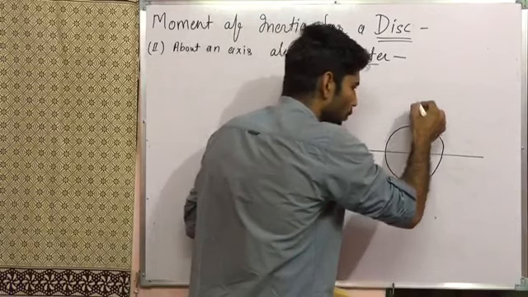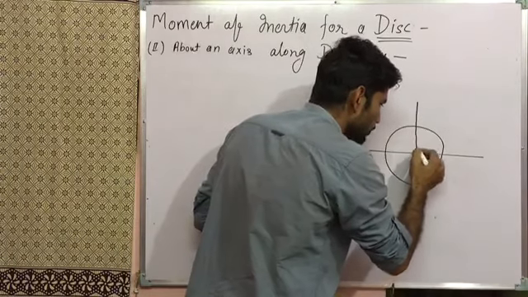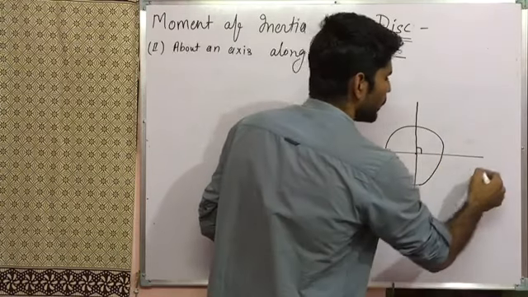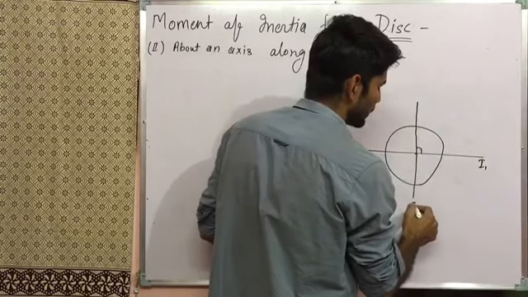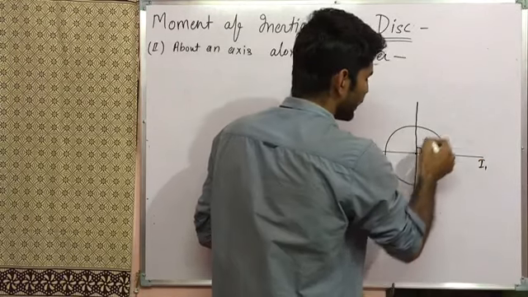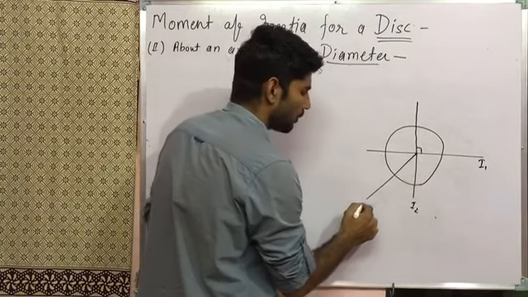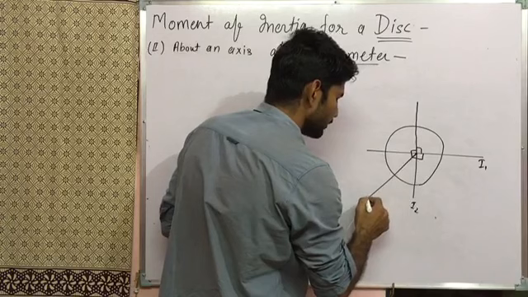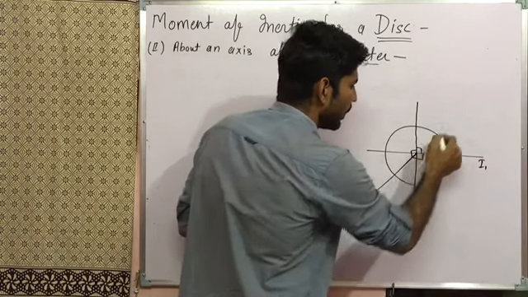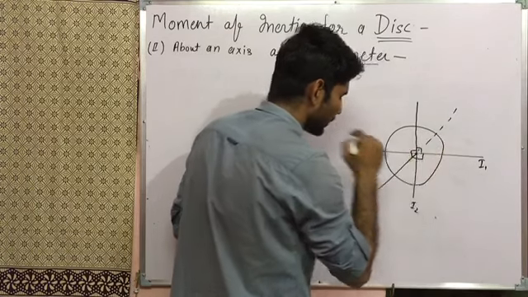For that we draw one more axis. These two axes are perpendicular to each other. We say moment of inertia about this axis is I1, moment of inertia about this axis equals I2, and the moment of inertia about the axis perpendicular to both of the axes is IZ, and we can draw it completely.